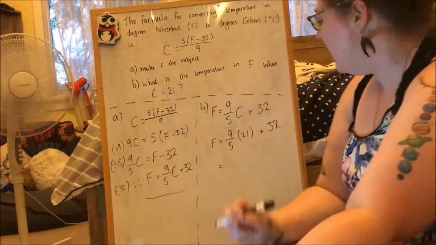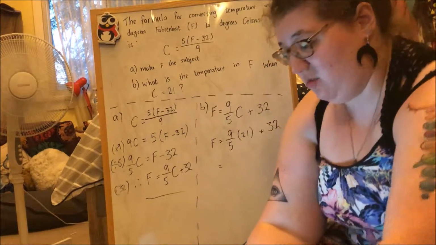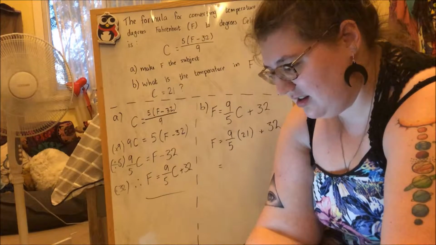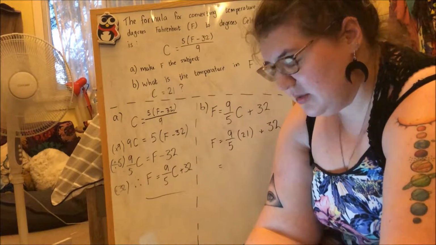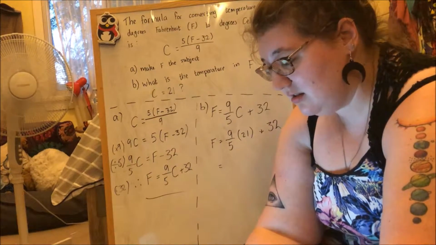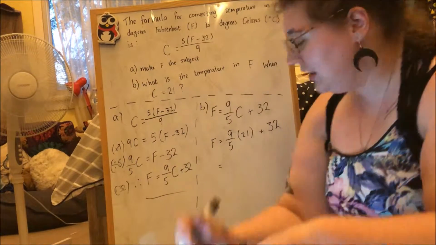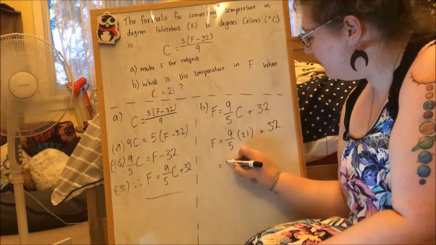Alright, so we've got 9 over 5 times 21. That is what we have to figure out. So 9 over 5 equals 1.8, just in case you were wondering. Times that by 21 is equal to 37.8.